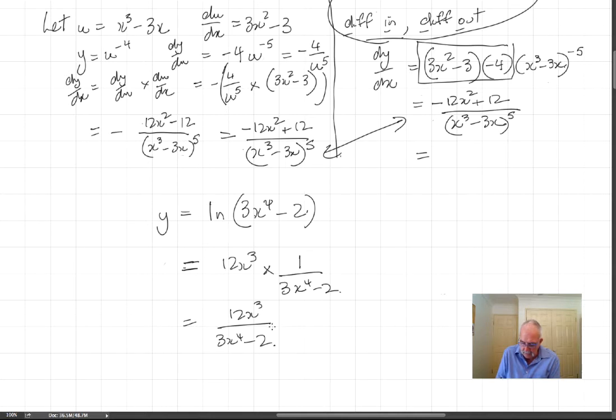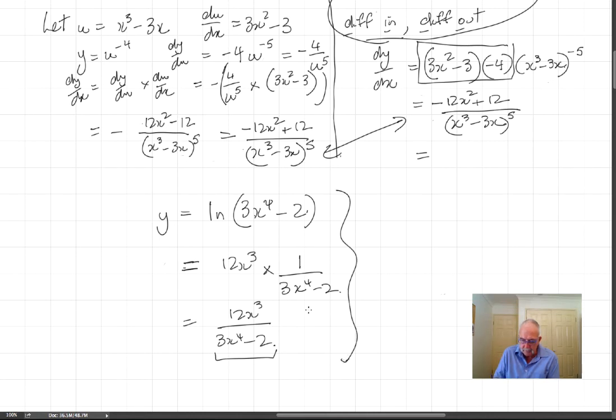And we know, don't we, that we can't cancel that 3 and that 12 or 3x to the 4th and that, because this has got another term here of minus 2. This is an expression here. So we can't cancel any of that there. That is my answer. Leave it as it is there. So there we go.